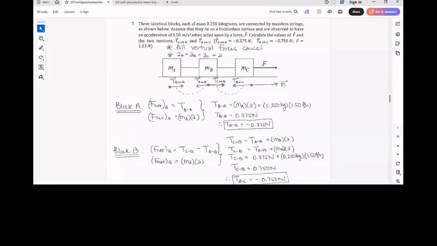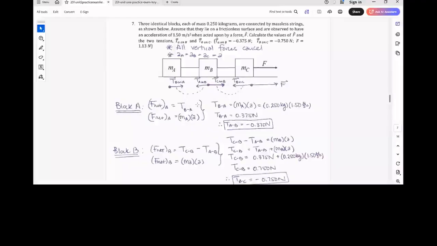Now, because we know the masses of all three blocks, there's more than one way we can approach this, but the one that I chose to show here involves starting at the end of the chain and then using what I know about the unbalanced forces acting on block A to say something conclusive about the net force on block A. So here I'm just going to simplify this notation a little bit.